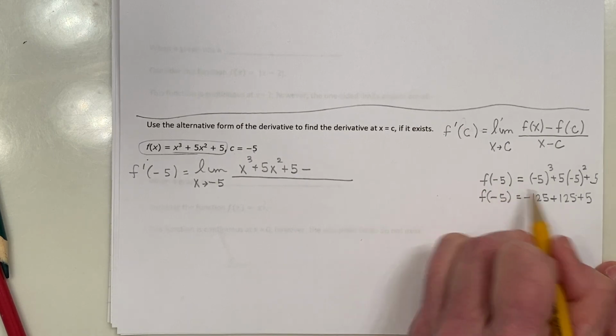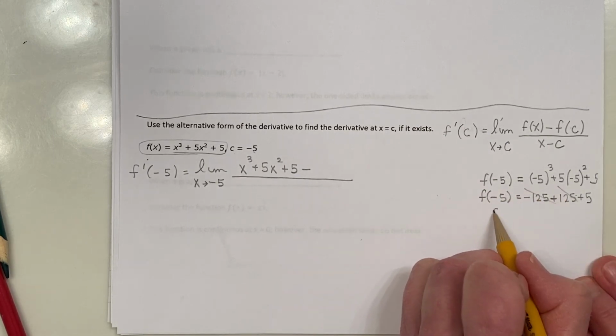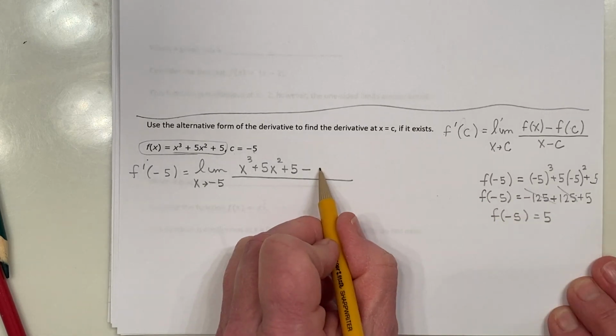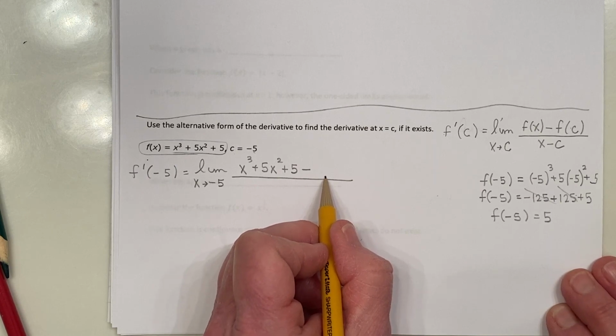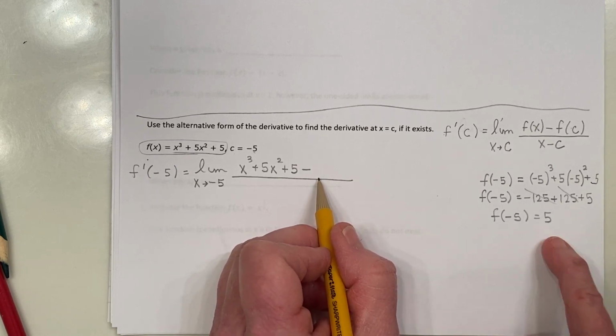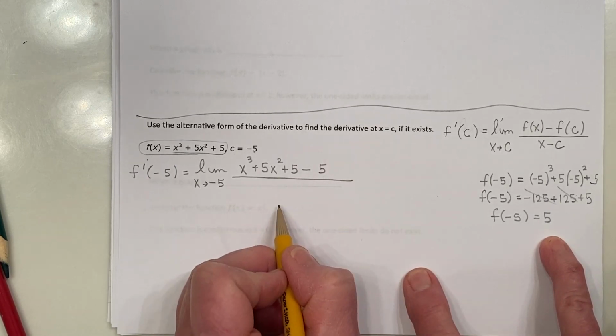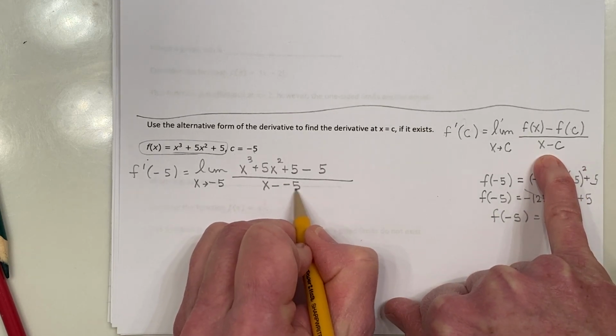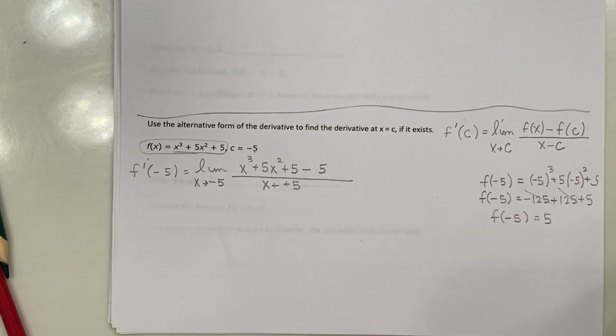So when x is -5, my y is going to be 5. So now we have this value, f of -5, which is 5. And it's all over x minus -5, or simply x plus 5.